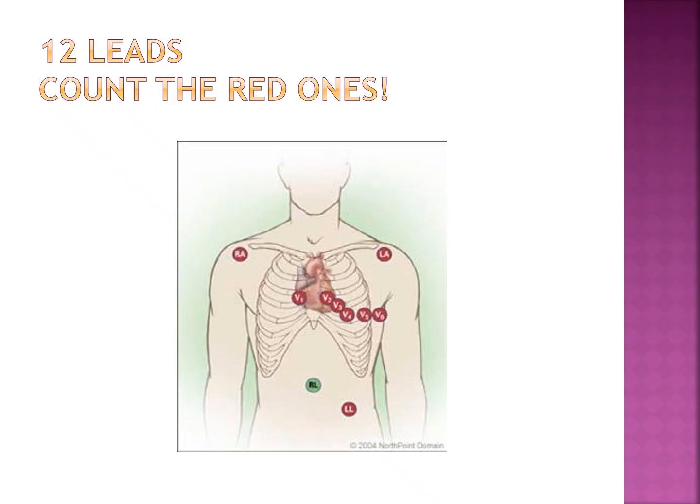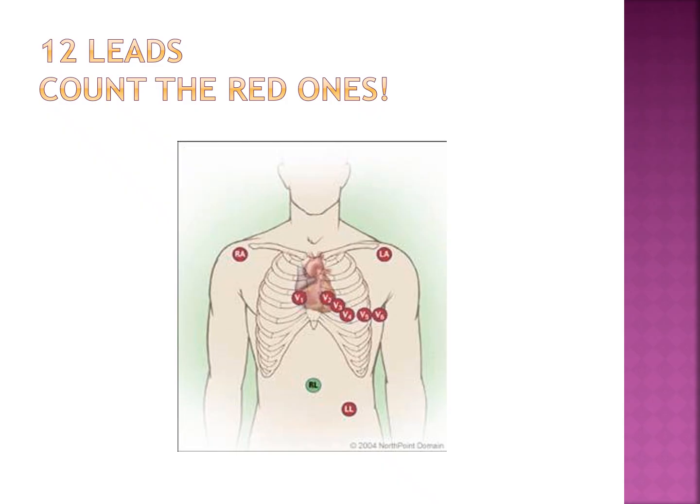So what I want you to look at here is the 12 lead placement. And when we talk about 12 leads, it doesn't really mean 12 wires. If you count the red wires, you'll notice that there's only 9 wires, but we do a 12 lead EKG. And that's because the limb leads, the right arm, the left arm, the left leg, serve more than one purpose, whereas the chest leads, V1 through V6, serve only one purpose.